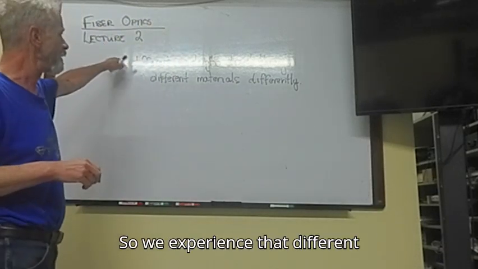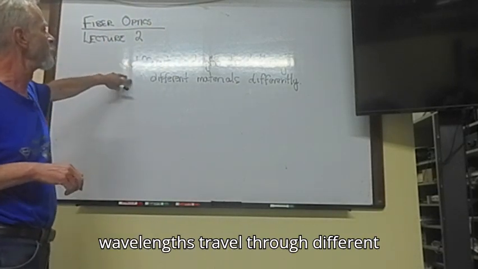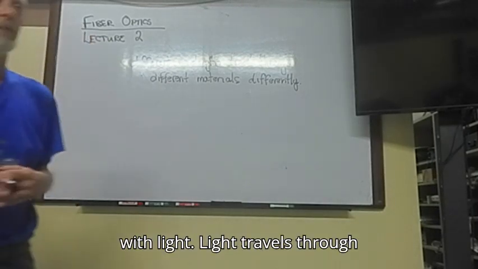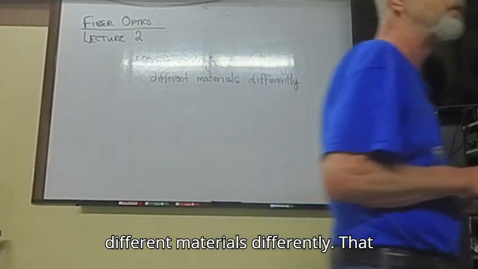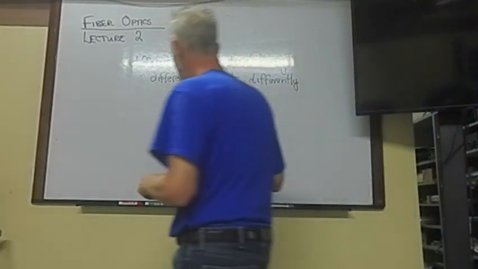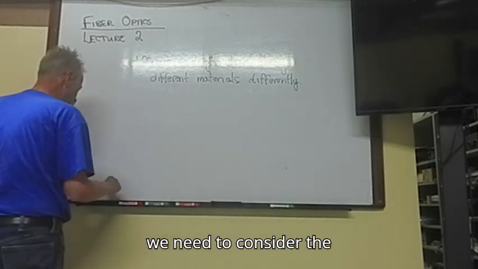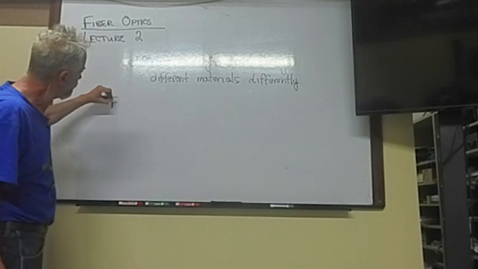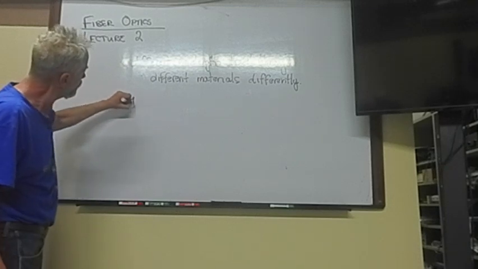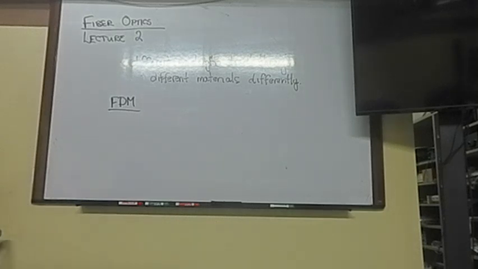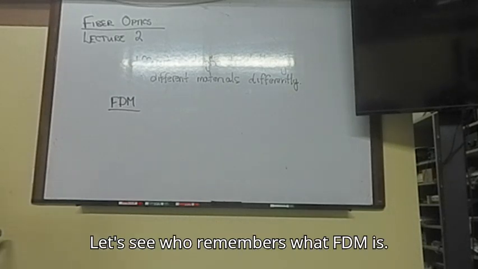So we experience that different wavelengths travel through different materials differently. And it's the same with light. Light travels through different materials differently. That being said, we need to consider the option of FDM. Let's see who remembers what FDM is.